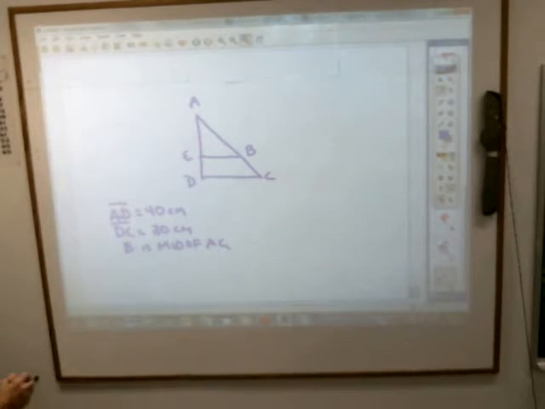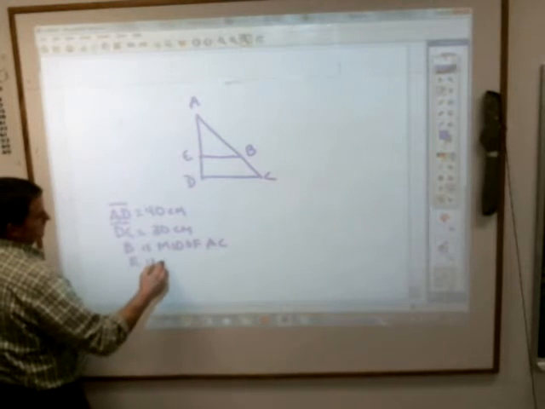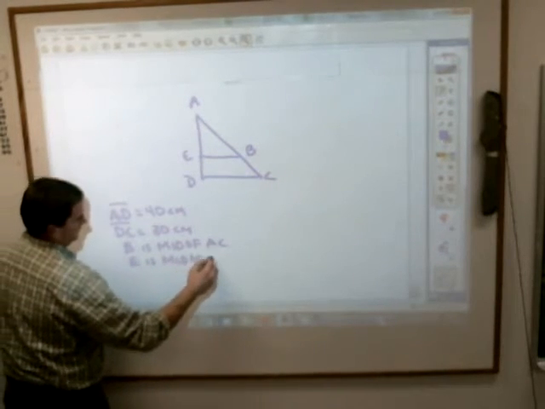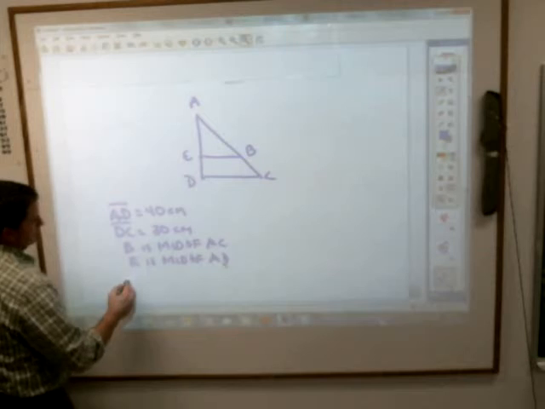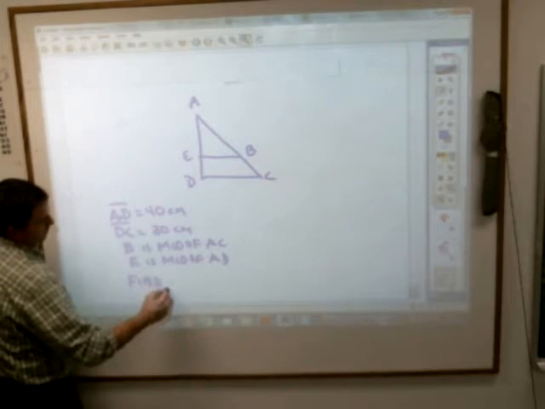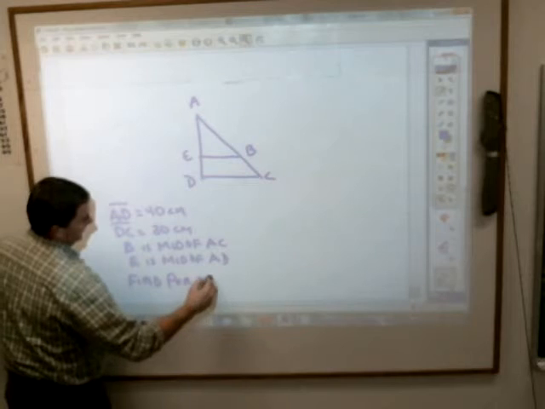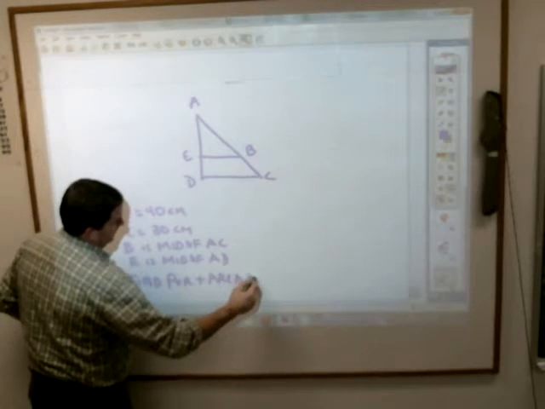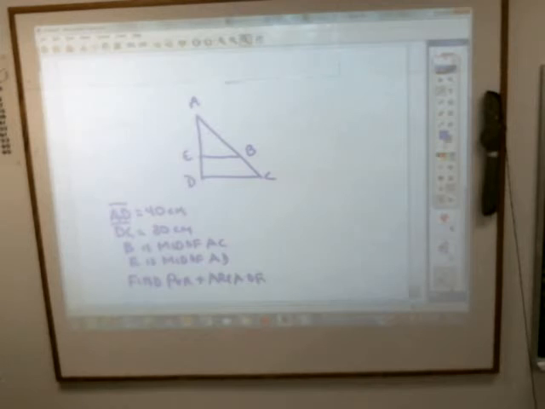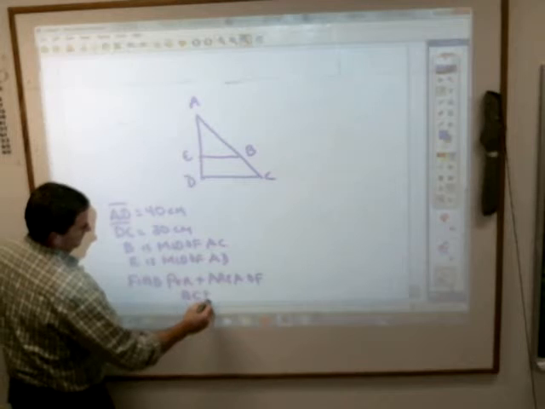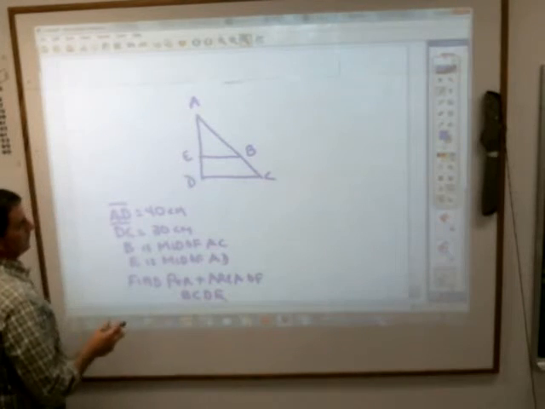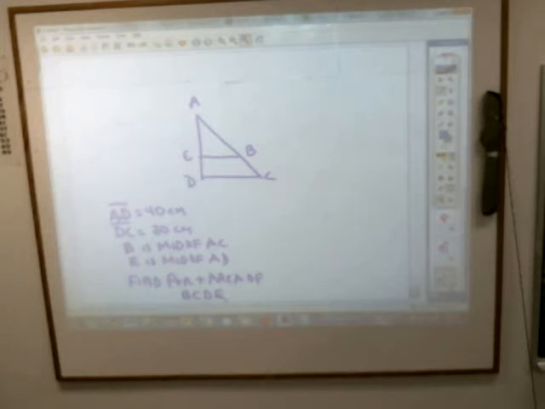E is the midpoint of AD. And find the perimeter and area of BCDE. Love it.